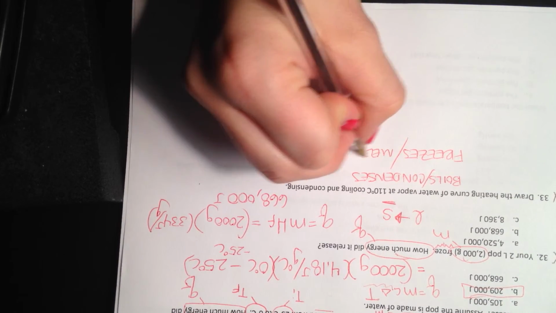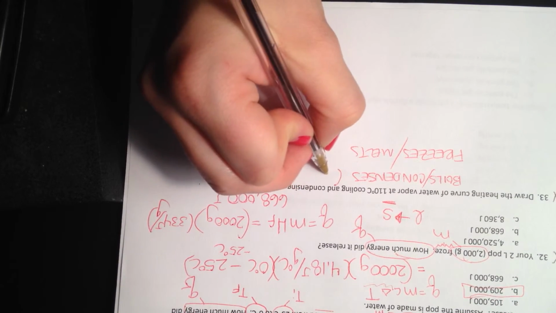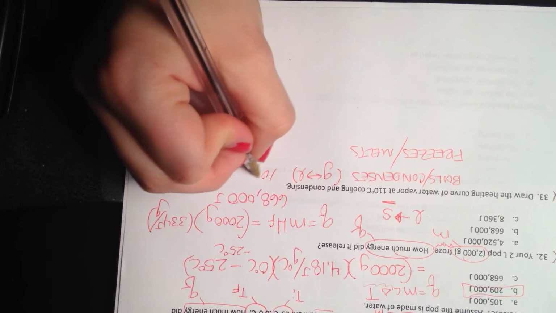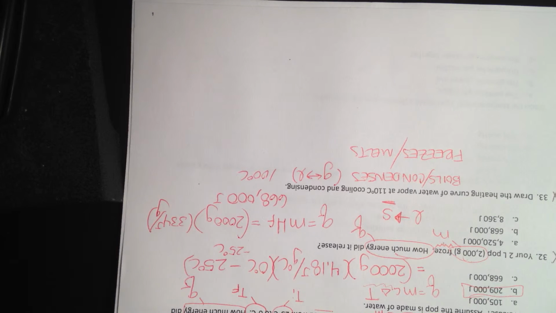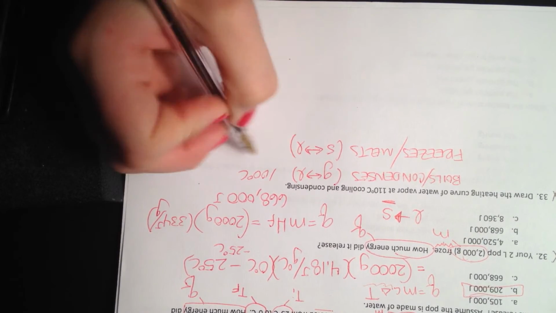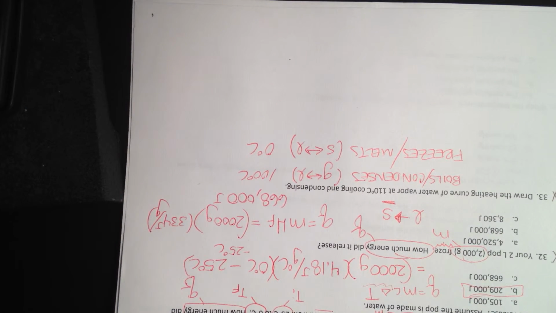So water boiling and condensing, going from a gas to a liquid or vice versa, always happens around 100 degrees Celsius. Freezing and melting, going from a solid to a liquid or vice versa, happens at 0 degrees Celsius.